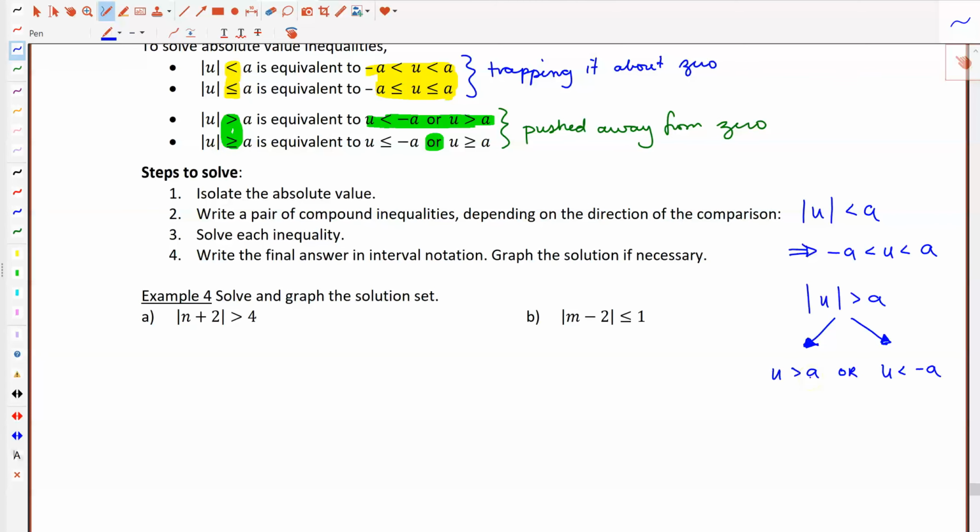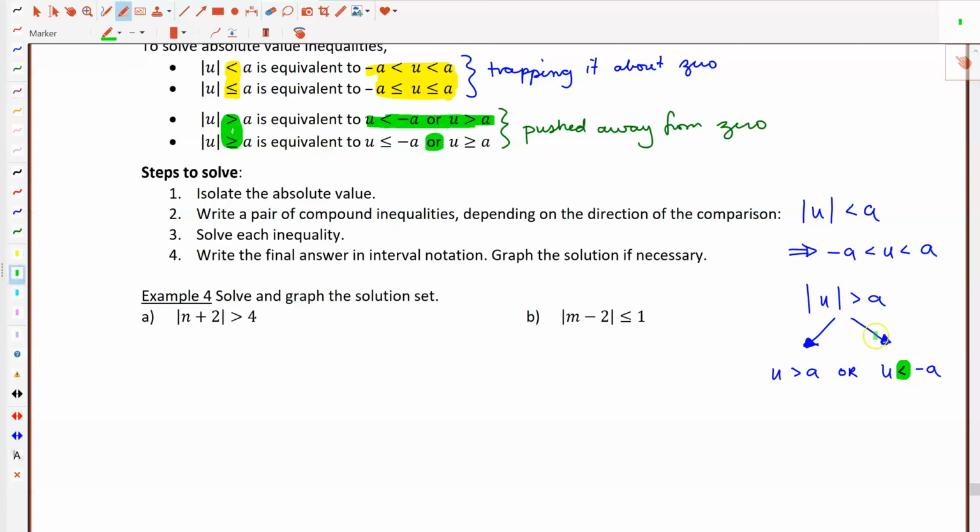For the second case, this is very similar to what we saw with the absolute value equations. We leave this expression inside the absolute value bars alone, and then this number over here becomes its negative. But a very important thing to pay attention to is also what's happening to the inequality.